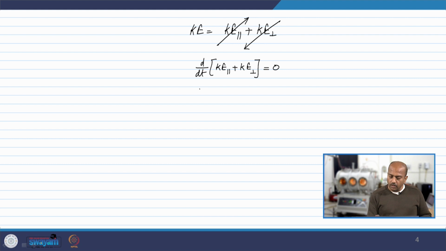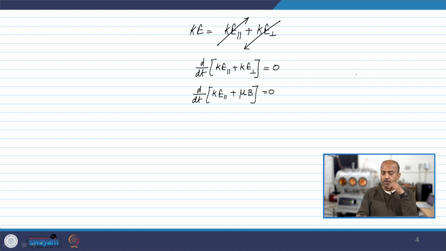Or in terms of things that we know, d/dt of KE parallel plus KE perpendicular, which is mu B, is equal to 0. Why is KE perpendicular mu B? We have actually derived this expression, W perpendicular by B. So this is the kinetic energy. The notation is slightly different.